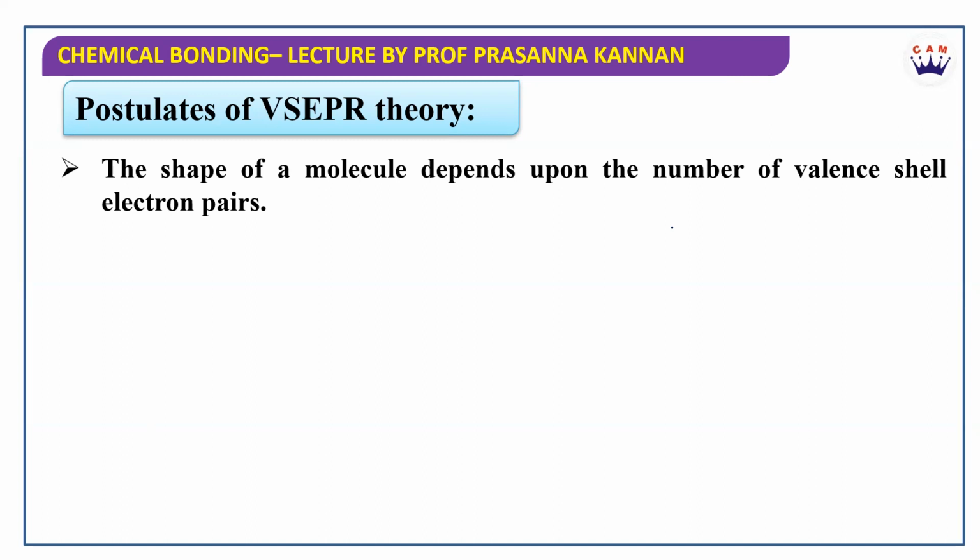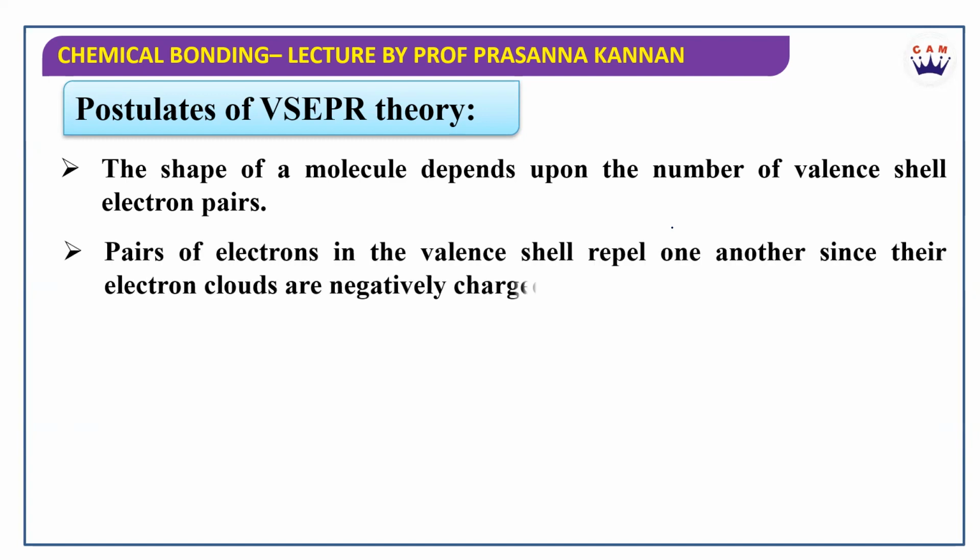Is that clear? Such electrons are called lone pair of electrons. Very good. So the shape of the molecule is predicted exclusively based on the valence electron pairs. How many lone pairs are there? How many bond pairs are there? That will give us a good indication of what will be the shape of the molecule. We are going to see that shortly.